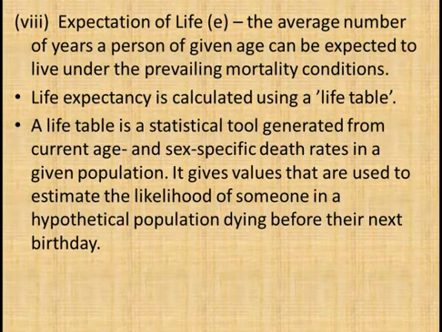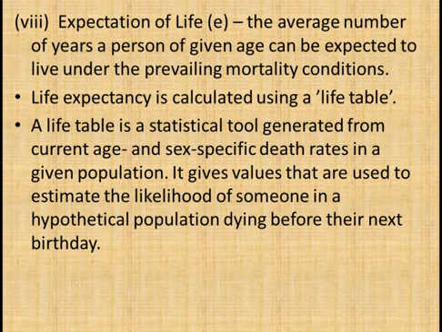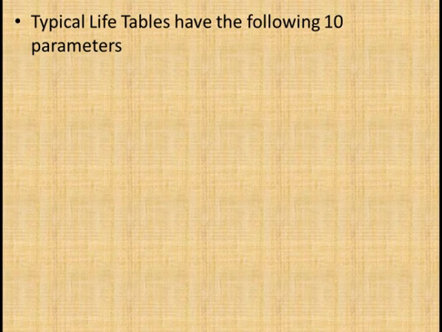Life table gives the values that are used to estimate the likelihood of someone in a hypothetical population dying before their next birthday. And typical life tables have the following 10 parameters.